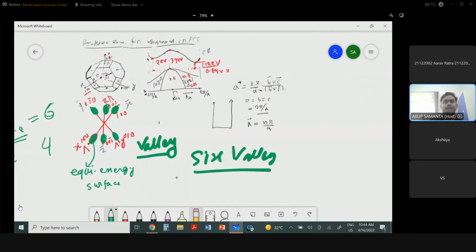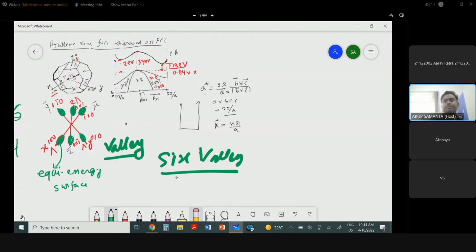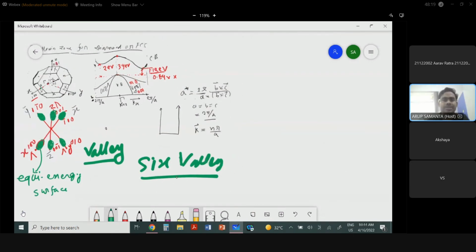For gallium arsenide, if I want to draw this diagram, the structure should be something like this. This is the gamma point. This is along delta, and this is the delta point. Along this direction is delta.